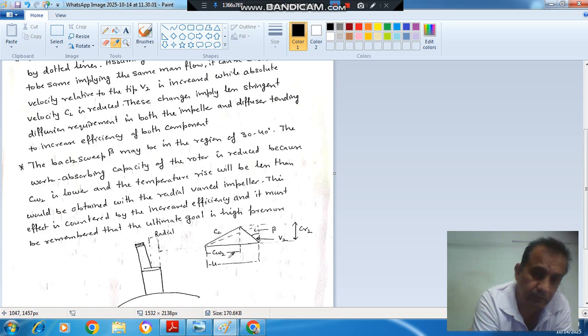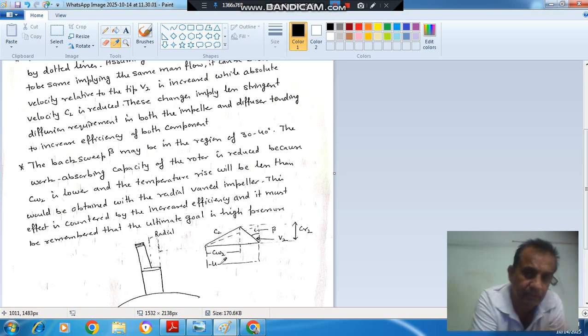Both are for no slip, but CW2 is less when we consider back swept vanes. And what is the advantage of it? The advantage is that we have to supply less work, because work per unit mass is CW2 times U, and CW2 is now less than U.